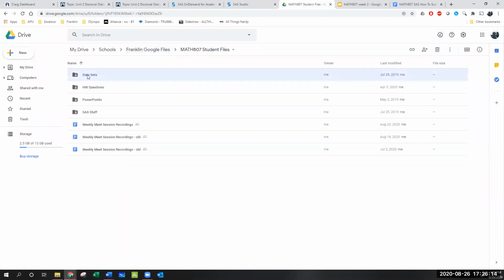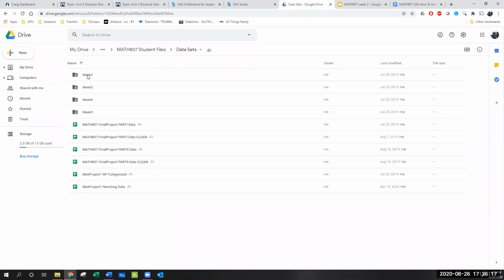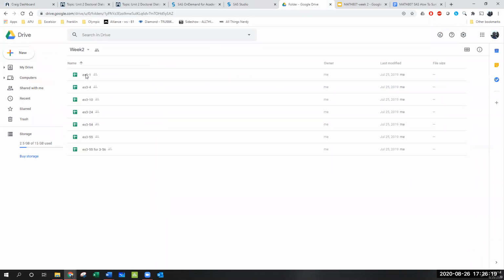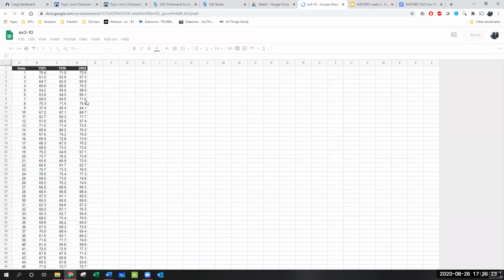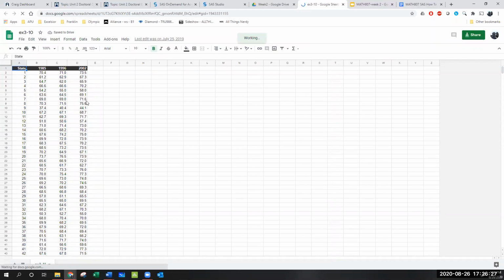So if we go to our data sets and go to 310 and open this one, I would do equals round this number, comma, 0.